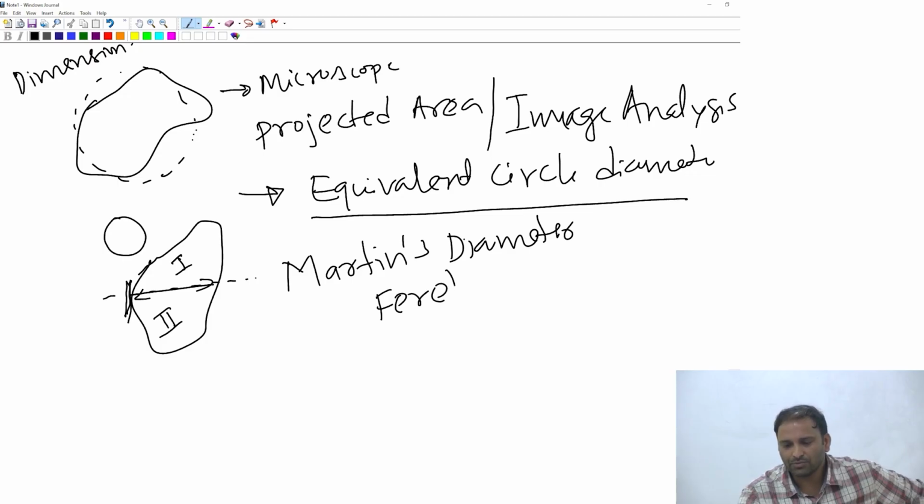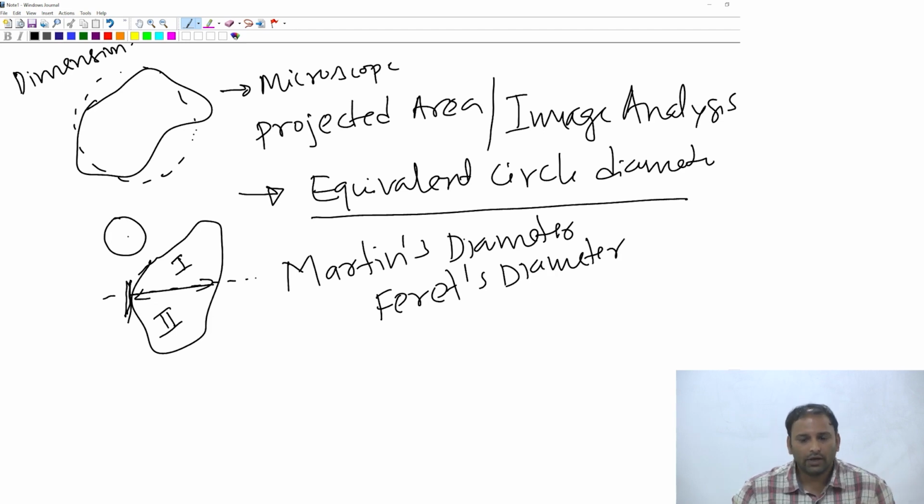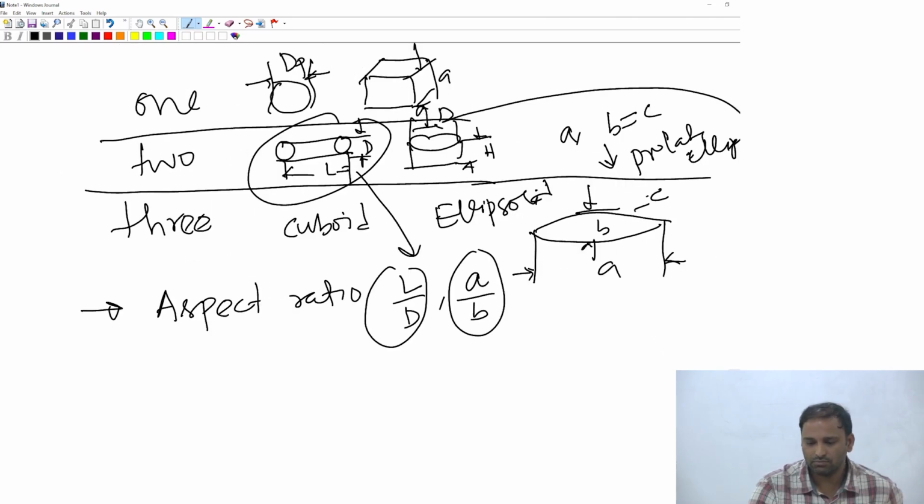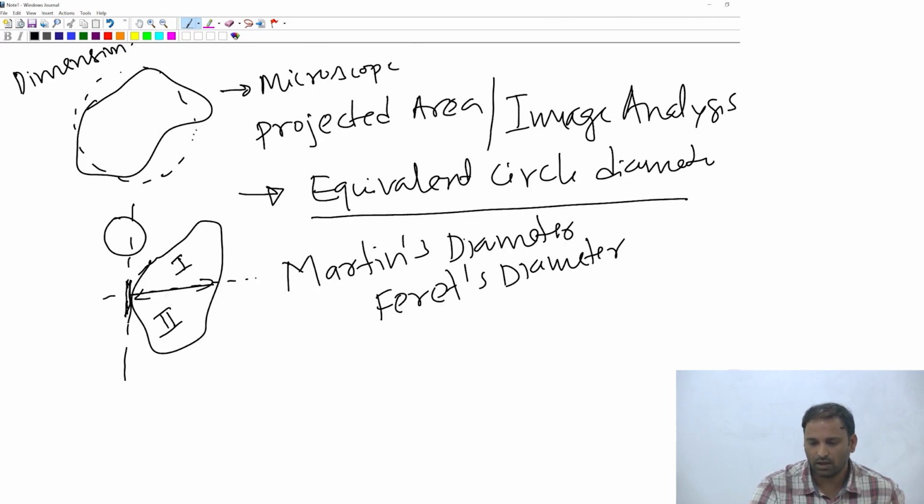There is also something called a Feret's diameter. In this, you construct two tangents.